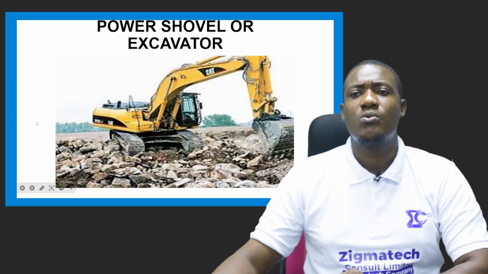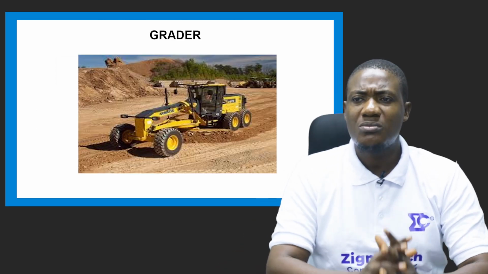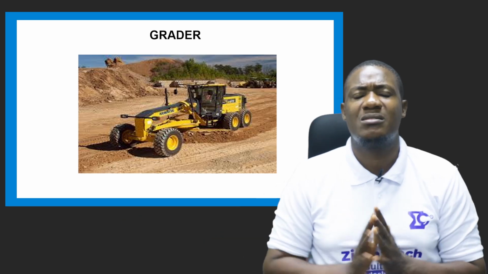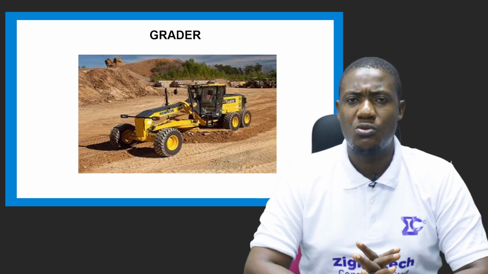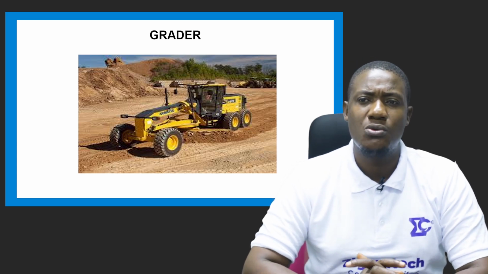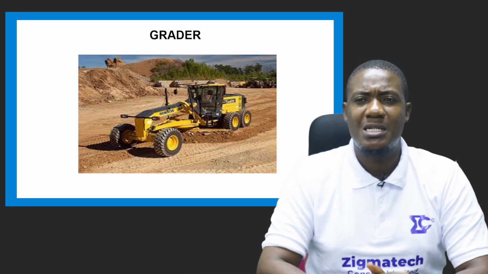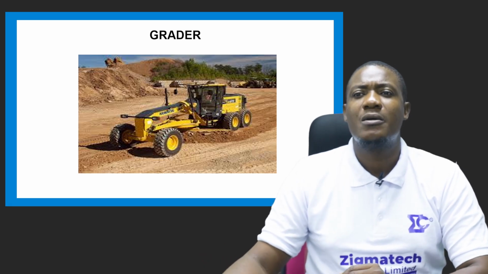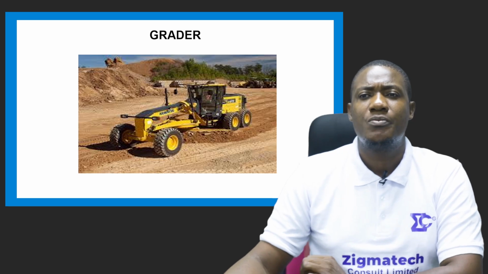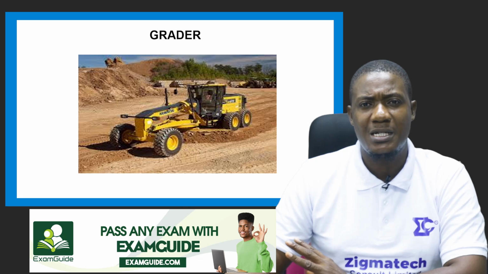So we require this machine, a grader, to level the land where the building is to be sited. Basically the work of the grader is to level the site before setting out can take place. I believe you understand what we are saying.